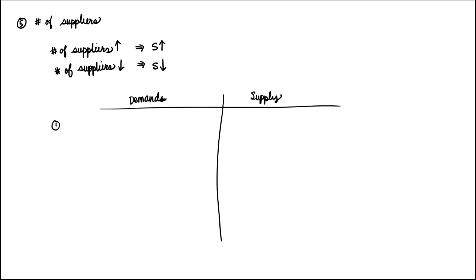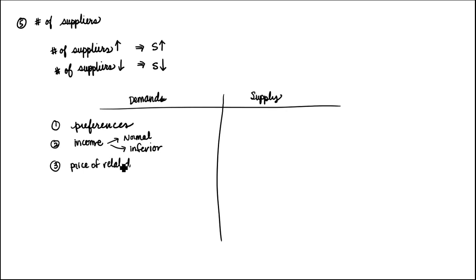So remember, number one for demand, preferences. Number two, income. And you had to deal with if it's normal or if it's inferior. The third, price of related goods. And you had to think about whether they were complements or substitutes.